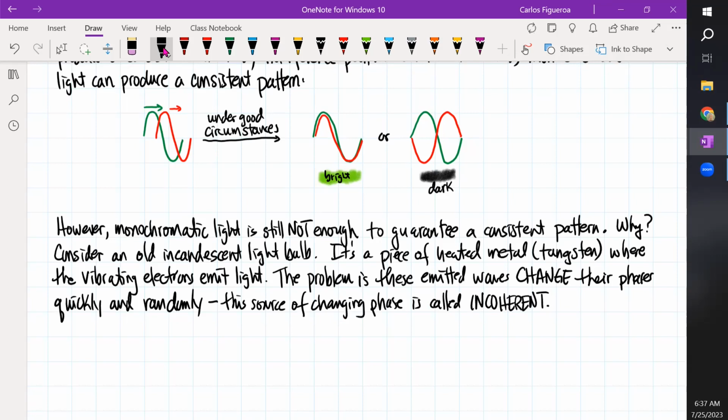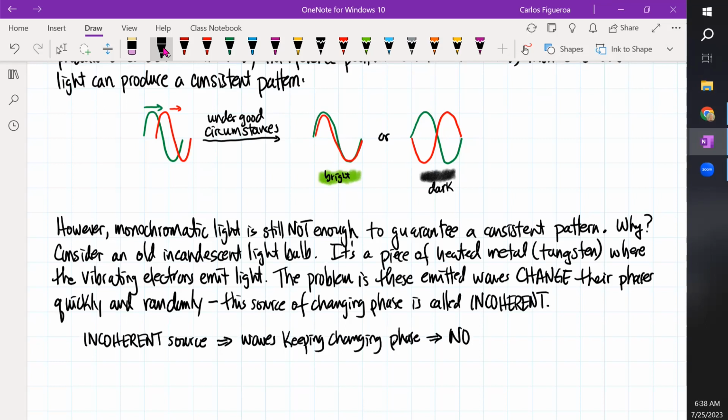So in other words, if I have an incoherent source, that means that the waves keep changing phase, and so therefore you get no consistent pattern.